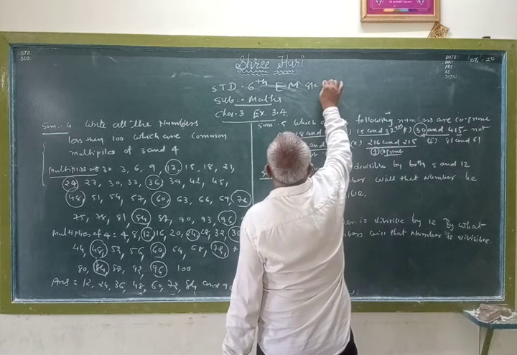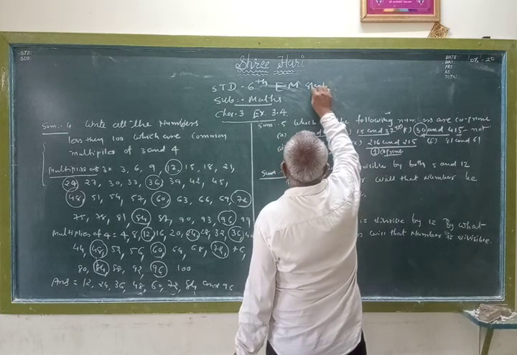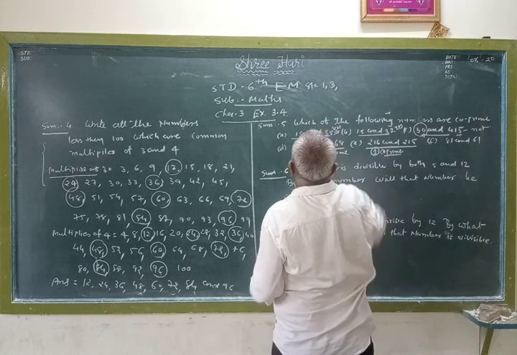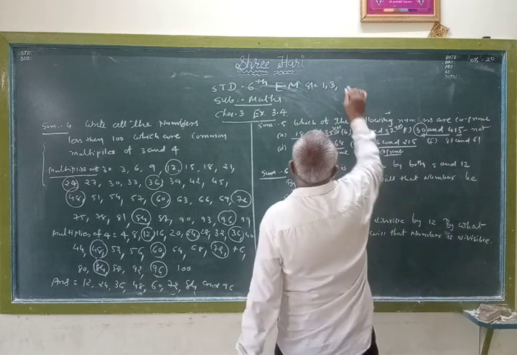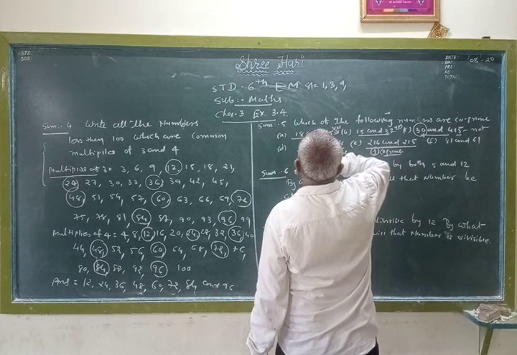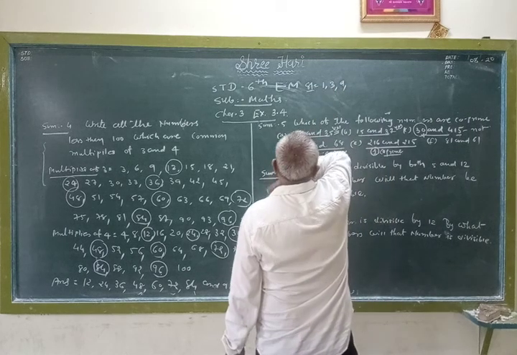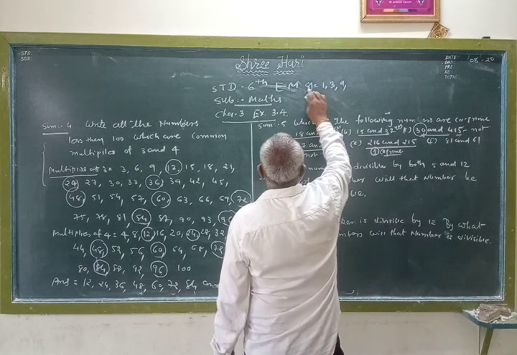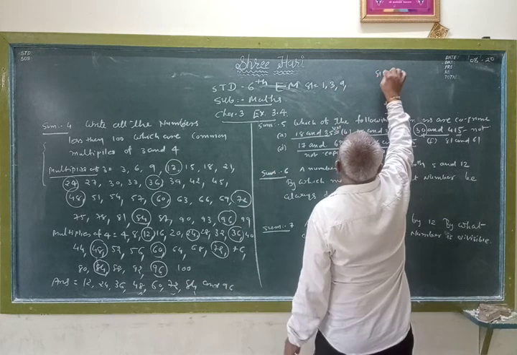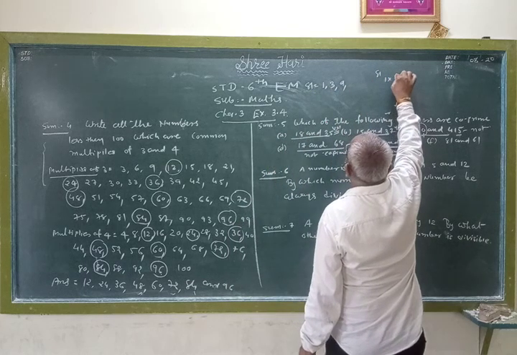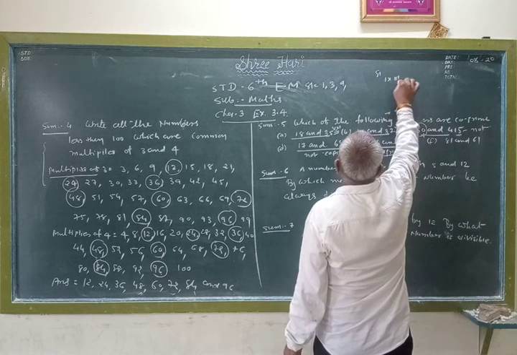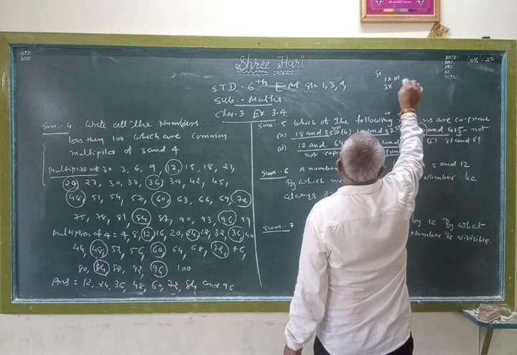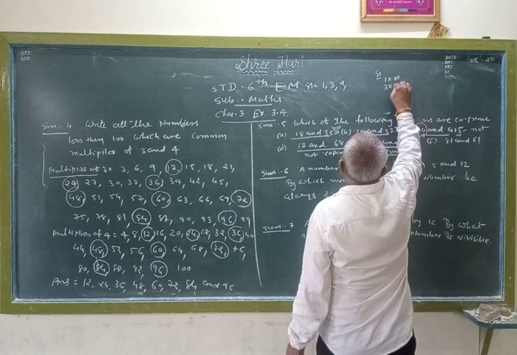81 has 1, not 2 but 3, then not 4, 5, not 6, 7, 8, but 9. 9 nines are 81. 81 has 1 into 81. It will not divide by 2. 3 into 27.